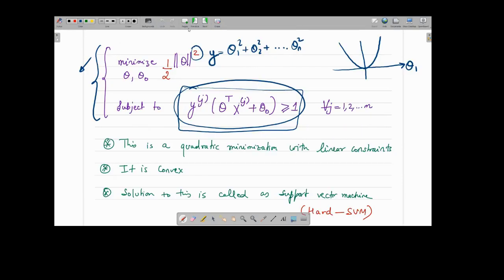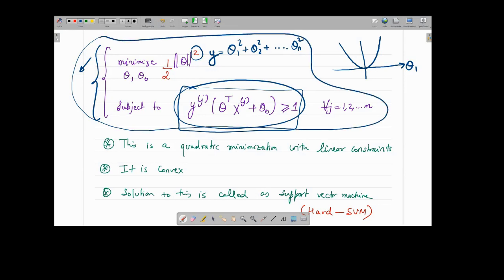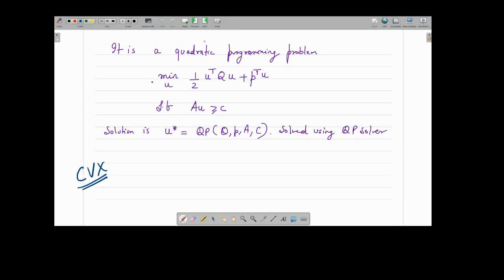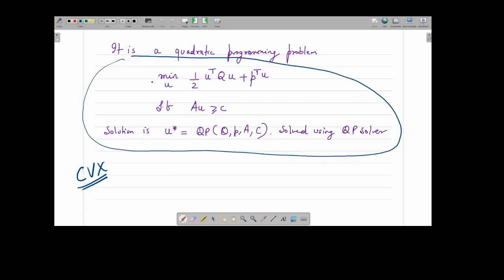What I am trying to show is that this particular optimization problem which is given over here can be cast into this particular optimization problem. This is basically a standard optimization problem where you will have some u vector, you will have some matrix q, and you will try to minimize over u.